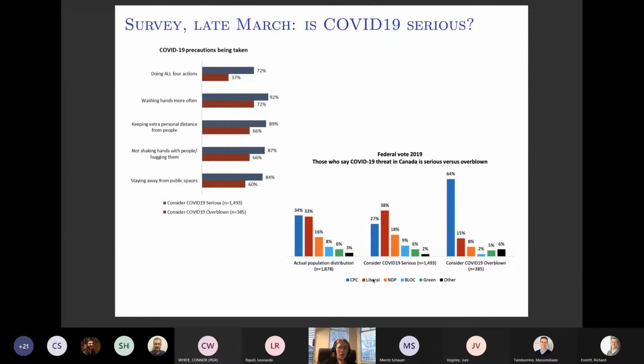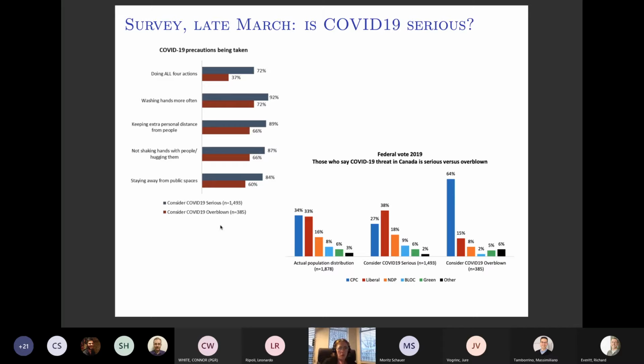And at that time, that was already somewhat controversial. And we had this data that suggested that about 20% of Canadians maybe didn't think that COVID was such a really big deal. So this was a survey done by Angus Reid, and it asked what people are doing and whether they thought COVID was overblown or not.